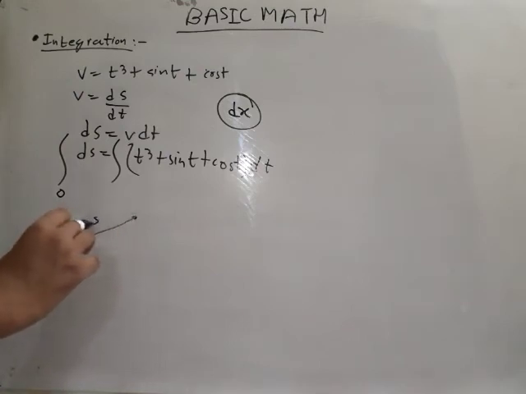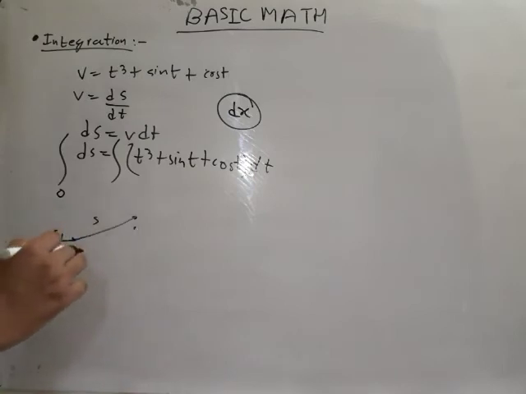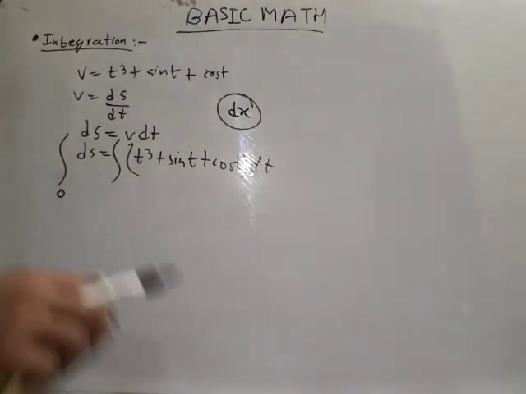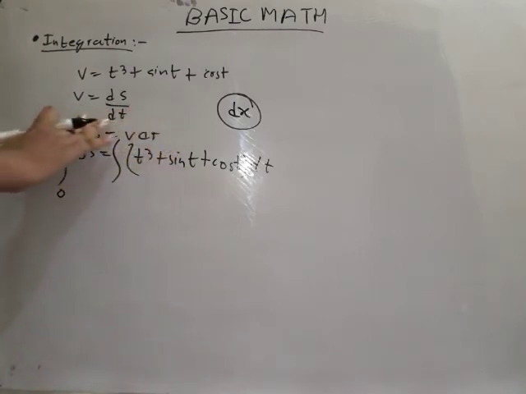Initially it was s1, finally it was s plus s1, so the resultant displacement from time t1 to t2 is s. We are not interested in the displacement which has already occurred before, so we take s equal to 0. This is for every calculation of kinematics. So we take from 0 to s, and these are called lower limits and upper limits.